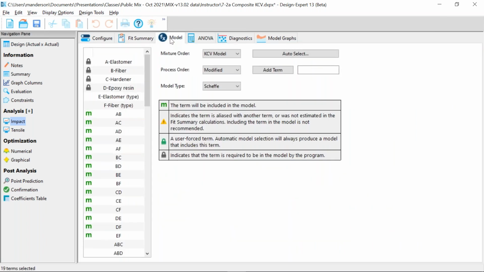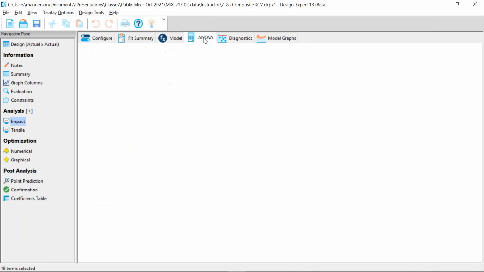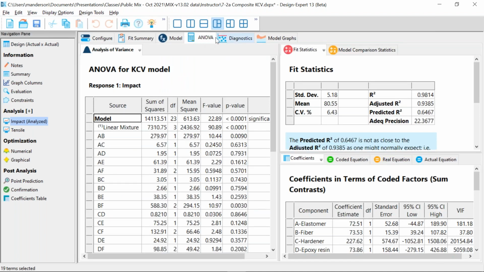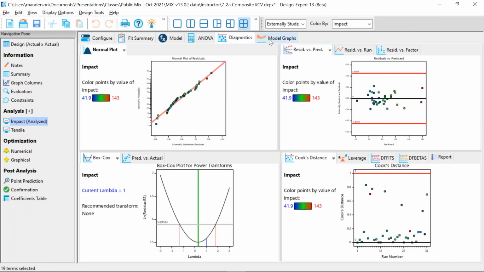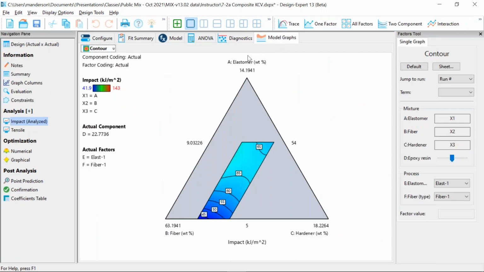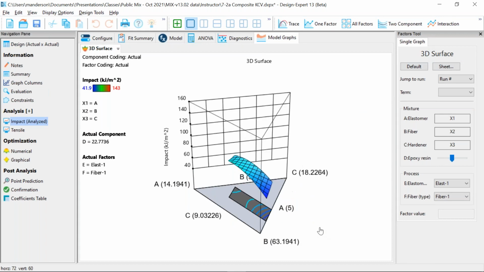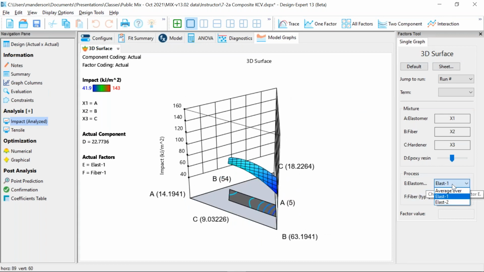And so we end up with the model. Now we're going to apply a specialized reduced model called KCV that makes it a little bit easier to contend with. And in the end, you end up with these mixture graphs that are affected by the type of materials you use, whether it's elastomer 1 or elastomer 2 or fiber 1 or fiber 2 or fiber 3 can make the difference.